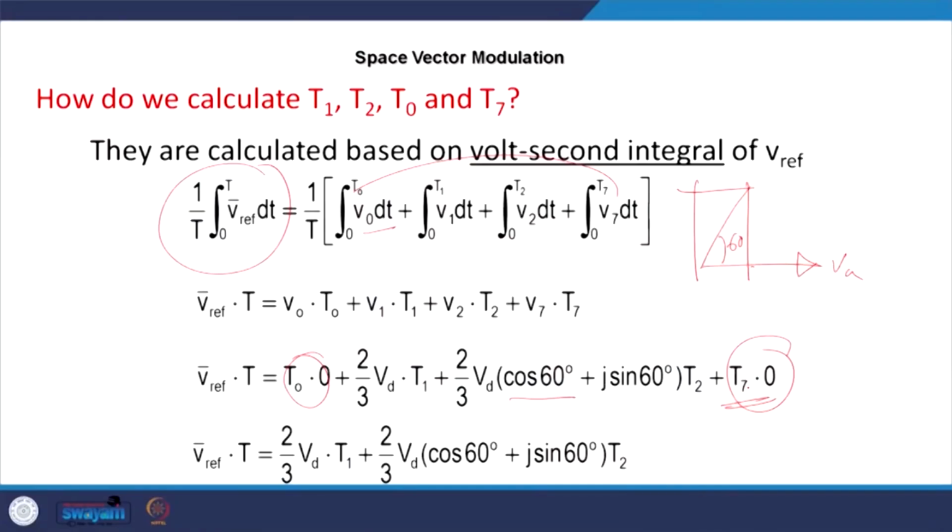So, this one is 0 and this one is also 0. So, you just reduce these null vector terms. So, V reference into T will be equal to 2/3 Vd into T1 plus 2/3 Vd cos 30 plus j sin 30 into T2.